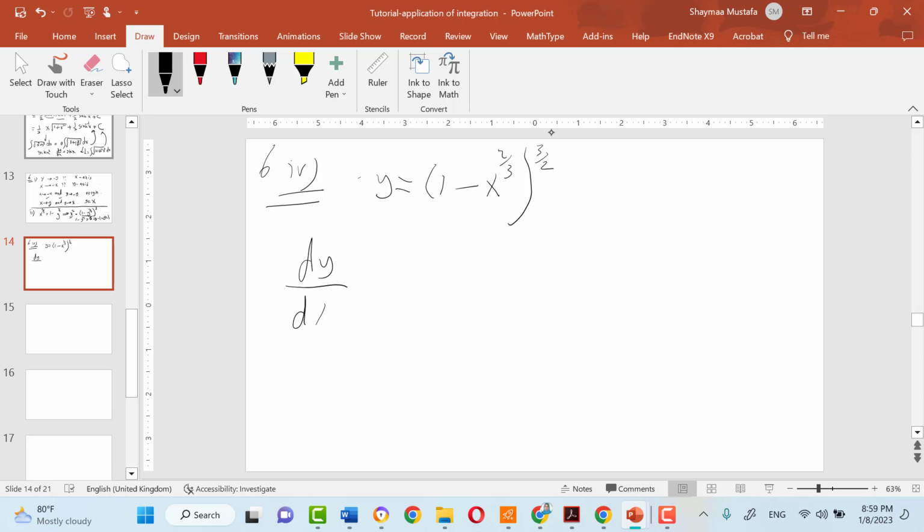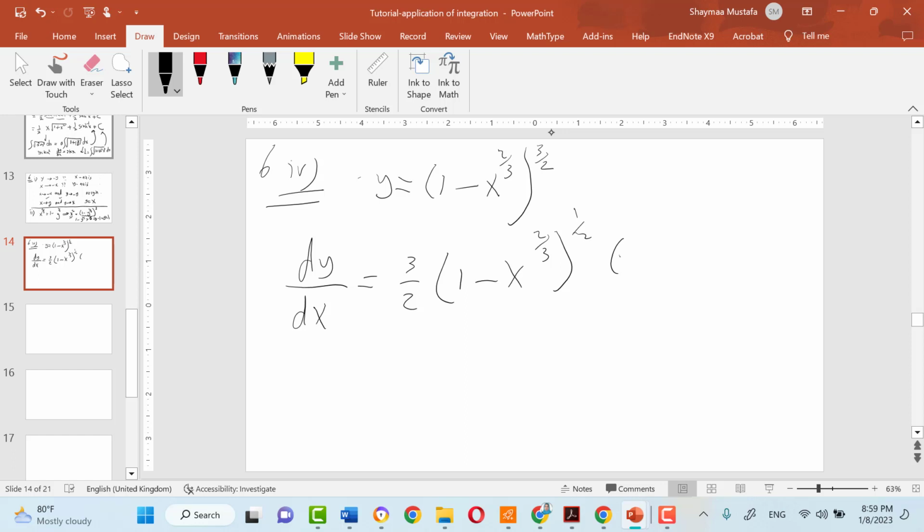dy over dx is equal to 3 over 2 times (1 minus x to the power 2/3) to the power 1/2. So now this one times the derivative of the inner part, because I have to take the derivative for this one also.